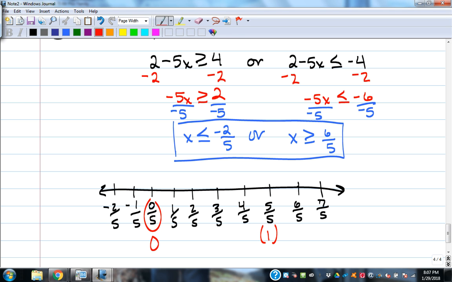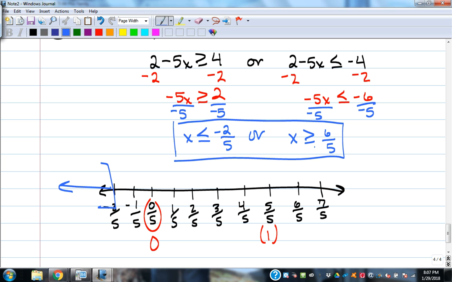Where you got to draw it, you're going to see some graphs already drawn for you. And sometimes they do it this way. All right, so bracket or parenthesis on the negative 2/5. Going which direction? To the left. Okay, so bracket, left.